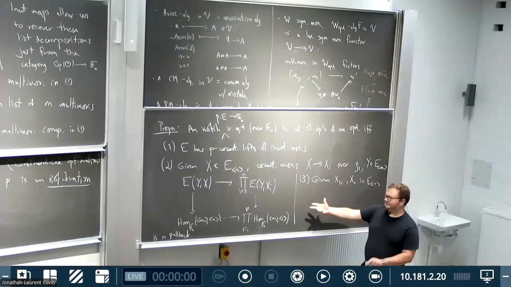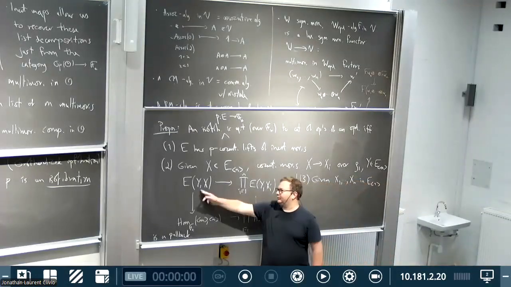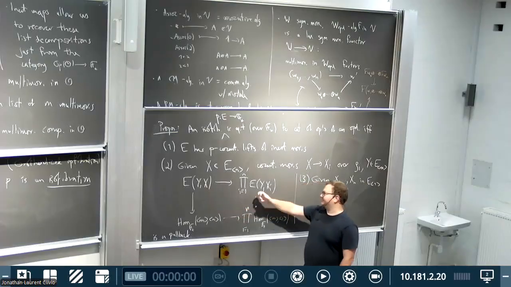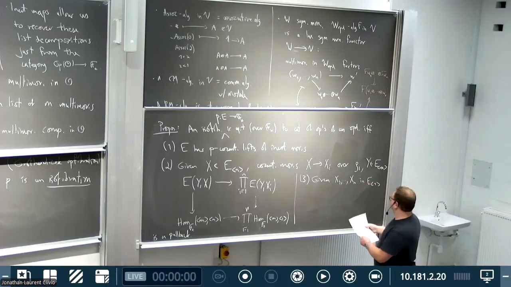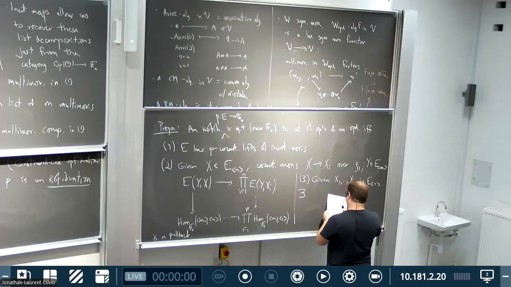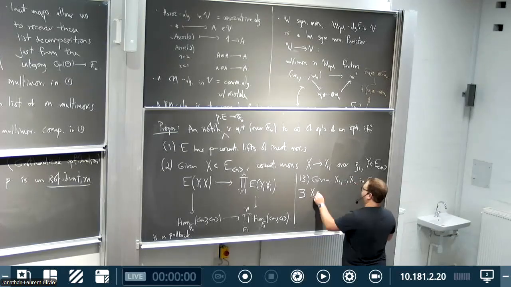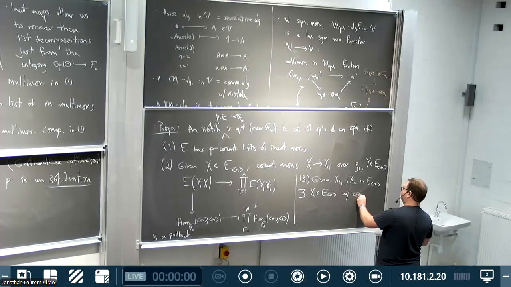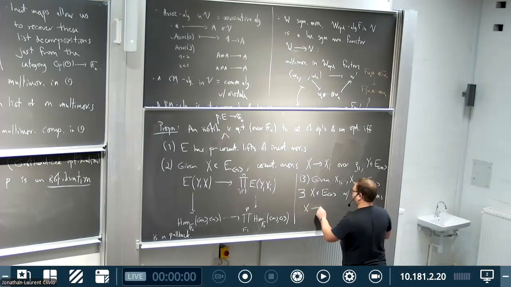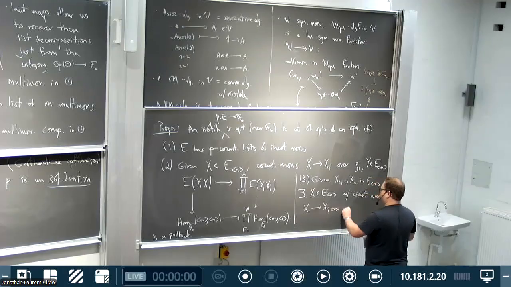So this roughly speaking says that a map from y to x decomposes into a list of maps from y to x_i. There exists an object x in E_n with Cartesian morphisms to the x_i.